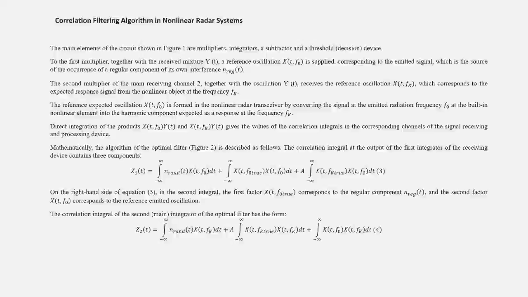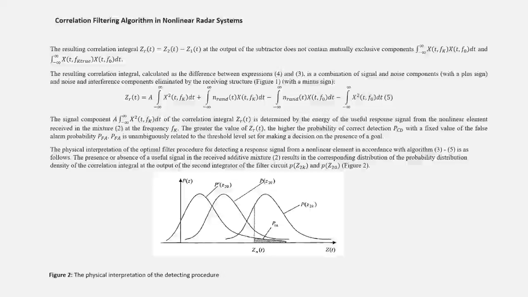The correlation integral of the second, main integrator of the optimal filter has the form. And the resulting correlation integral at the output does not contain mutually exclusive components. The resulting correlation integral, which calculates the difference between the fourth and third expressions, is a combination of signal and noise components with a plus sign, and a noise and interference component eliminated by the receiving structure with a minus sign.